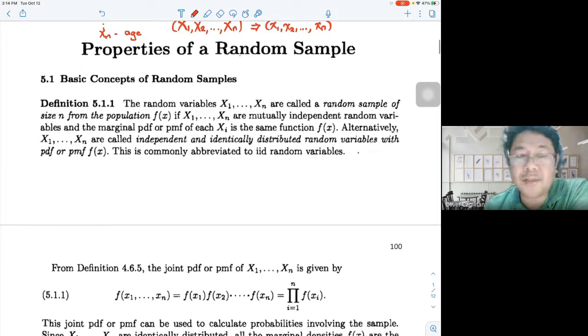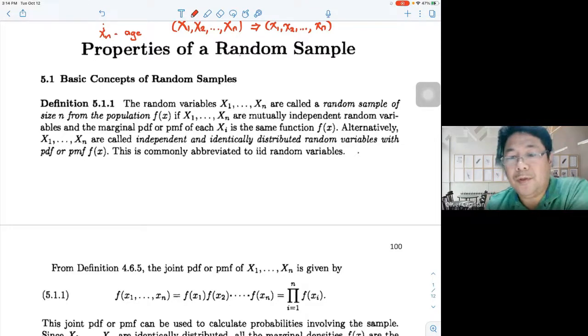The random variables X sub 1 up to X sub n are called a random sample of size n from the population with distribution function or probability density function f of x, if X sub 1, and so on up to X sub n, are mutually independent random variables and the marginal PDF or PMF of each X sub i is the same function f of x.